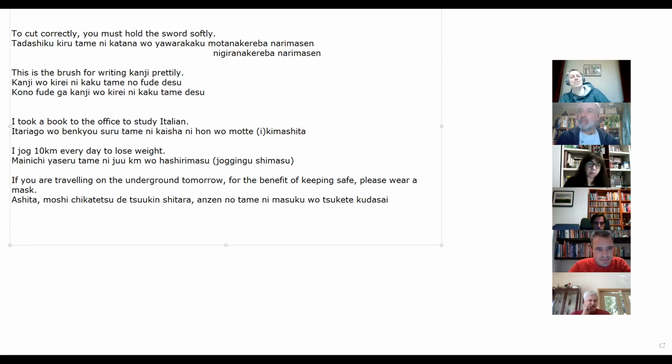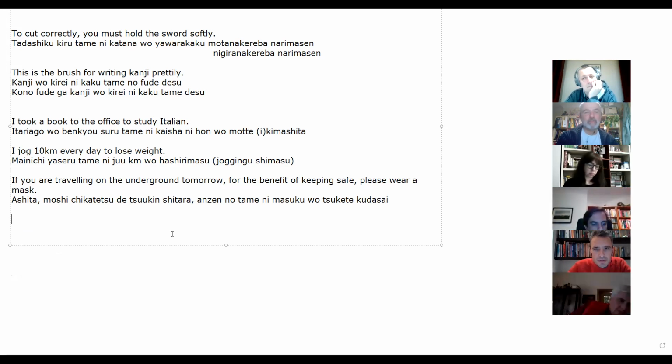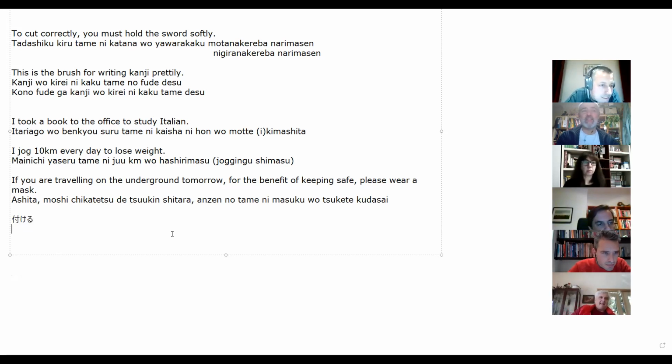So actually, as we've got the last few minutes, this is a verb which often doesn't appear in the top 10 list of most commonly used verbs, because I don't think people think about it. But tsukeru is used really loads, especially in our world where we're doing Budo.